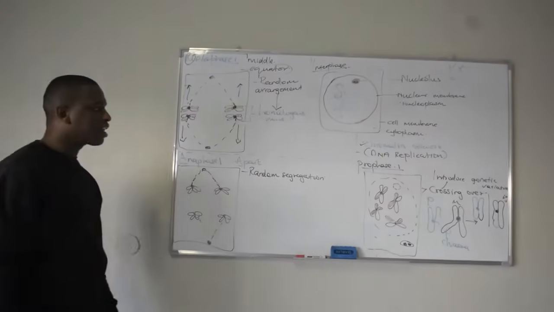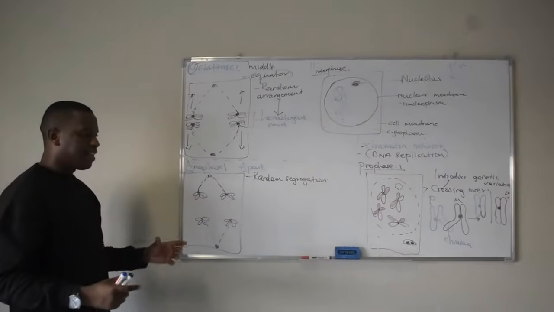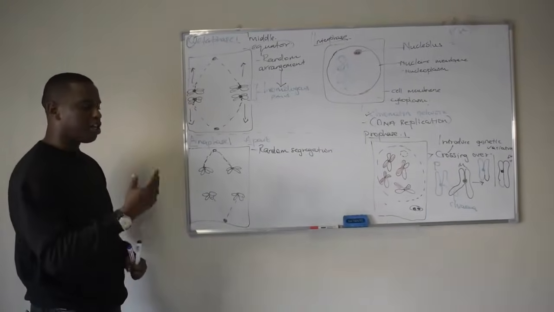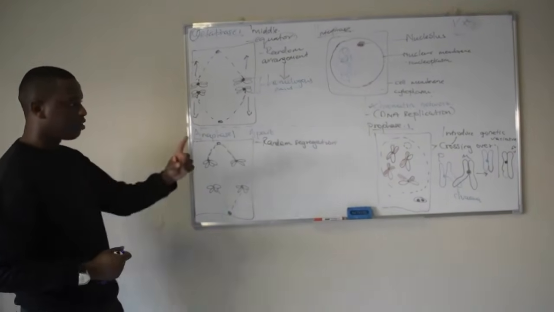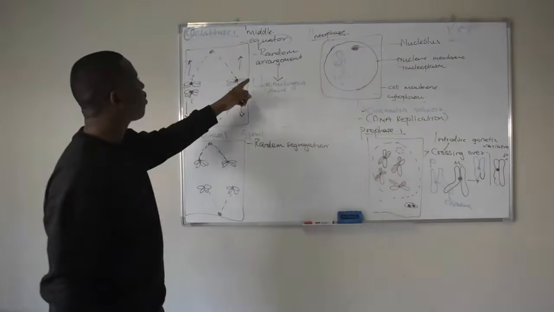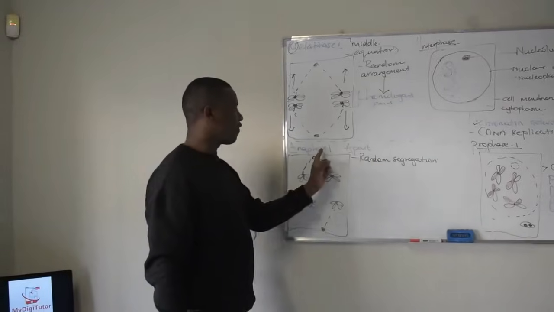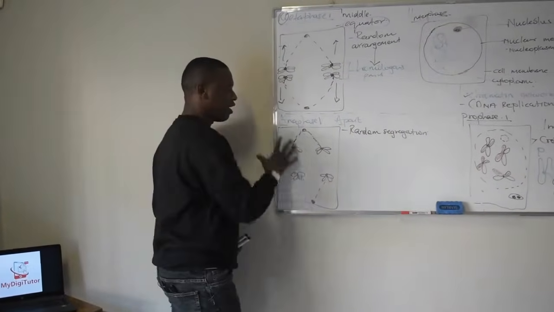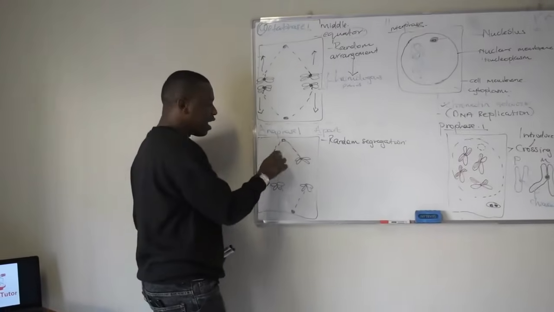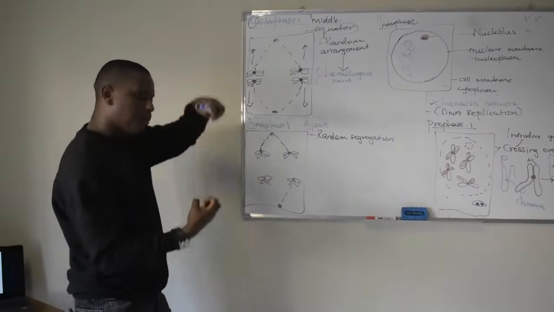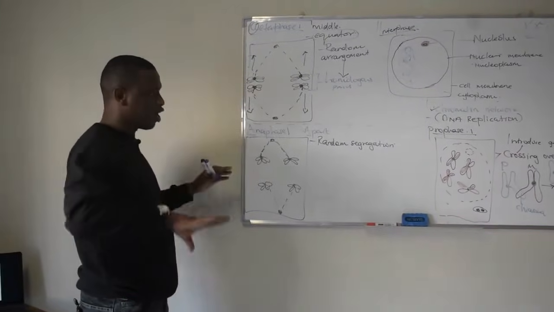So when the question says name three things that occur in the phases of meiosis which introduce genetic variation, you say in prophase 1 we have crossing over, in metaphase 1 we have random arrangement, in anaphase 1 we have random segregation. So in wrapping up anaphase, spindle fibers contract and pull chromosomes to opposite poles.